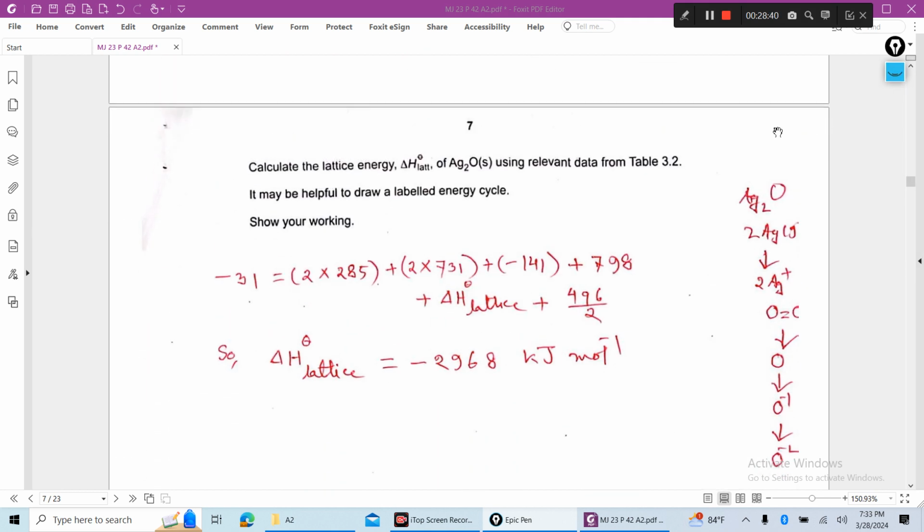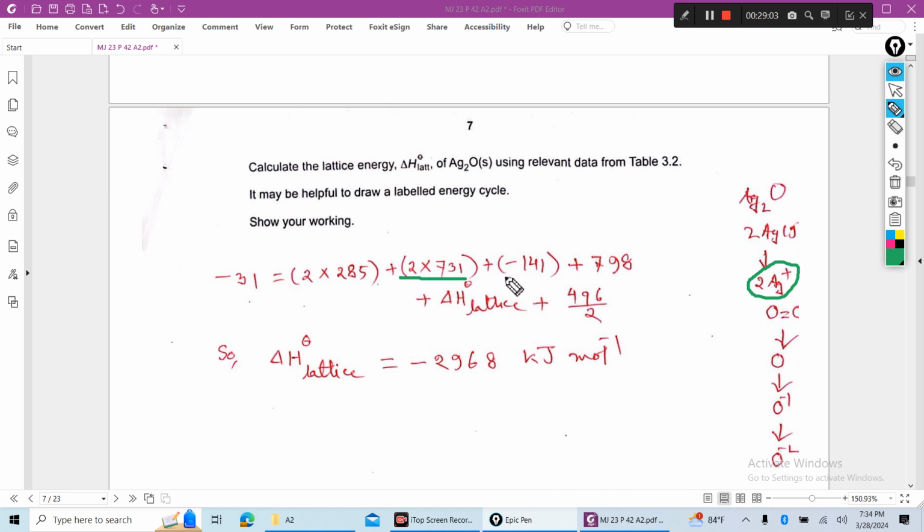Now you see, then 2 times 731, 731 is the first ionization of silver, so 2 silver ions are formed, that's why 2 times 731.